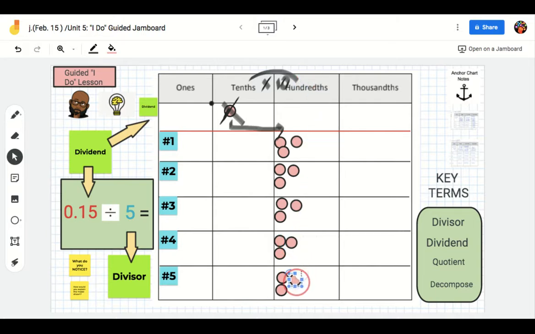I'm lucky because I don't have any remainders. So now I know that I have shared equally and I don't have nothing to bring over.